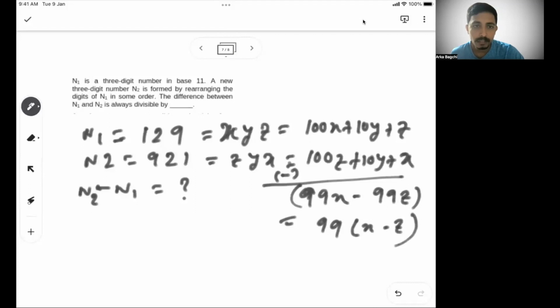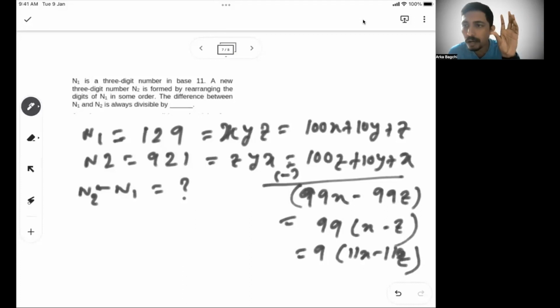So for a 3-digit number, it will always be divisible by 99, or we can also say it is divisible by 9, or 11 into x minus z, because 99 is not a digit in itself. 99 is a number using 9 and 9, which are individual digits. So I can say this is divisible by 9.